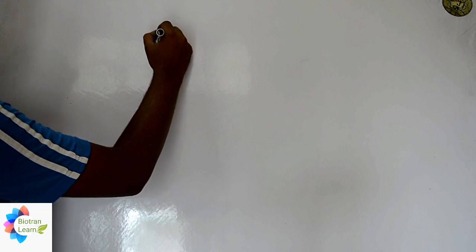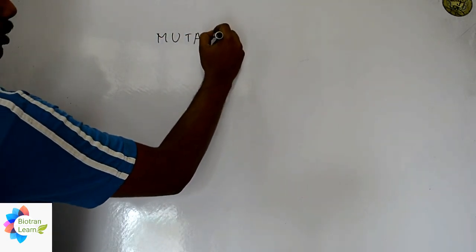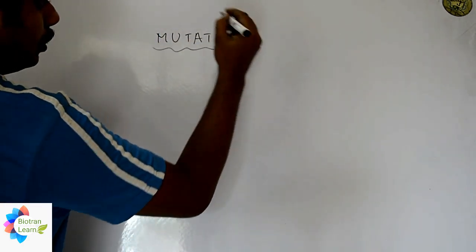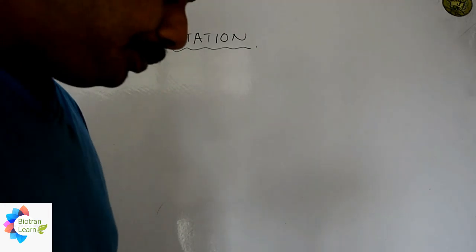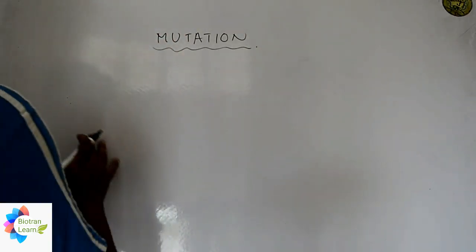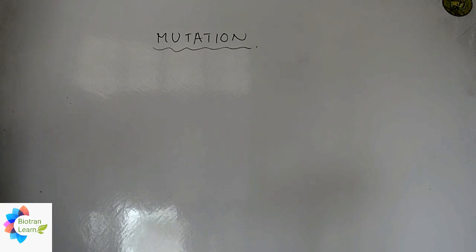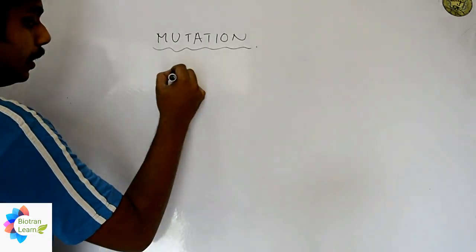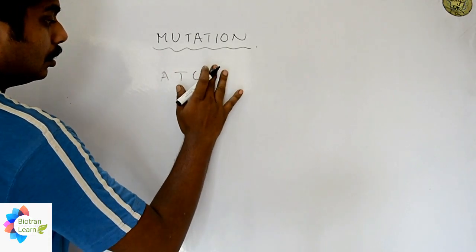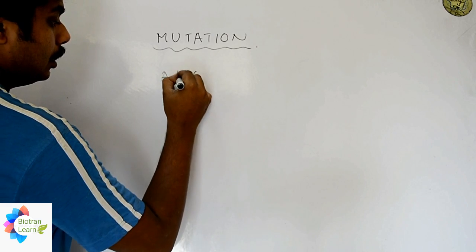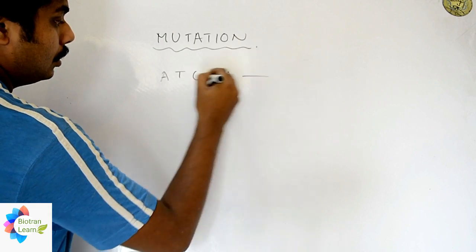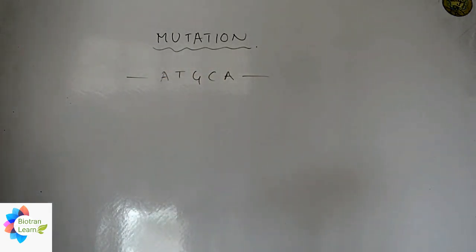Now guys, let's move to the mutations in case of genetic code. We'll study this one later, but now we have a requirement according to the chapter. So what are mutations? Mutation means a change in a particular DNA sequence. Suppose A, T, G, A, T, G, C, A. That's a sequence in this case.